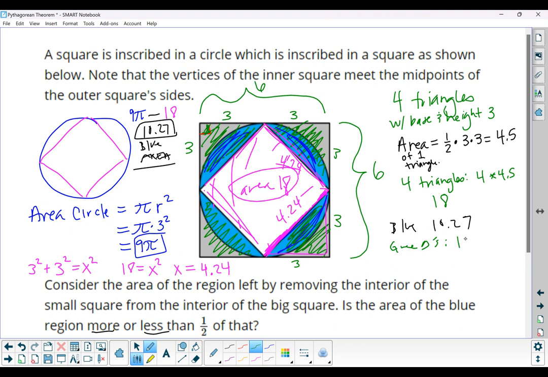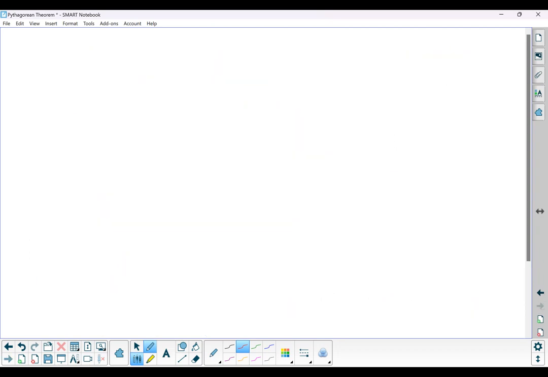Probably needs to be recharged. The green triangles are 18. So we can see that the blue area is a little bit more than half because half would be 9. Okay, so it's more than half. Sorry, when my pen starts to die, the handwriting gets bad.